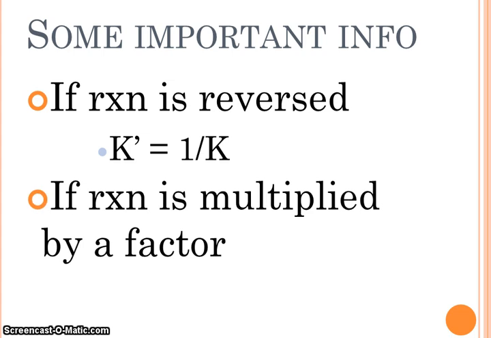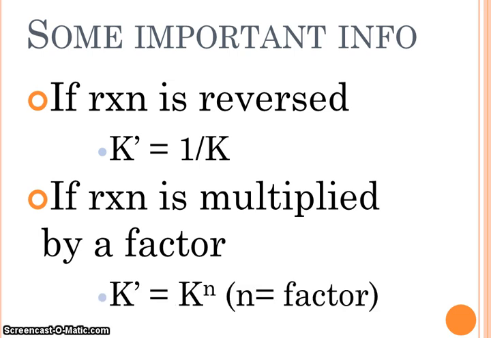Now sometimes it might be necessary to take a reaction and multiply it by a factor. If we wanted to calculate the K for the new reaction with the multiplied factor, we could again write out the new K expression and plug in the numbers and get an answer, but the new K value would equal K raised to the factor we multiplied the reaction by. Might make it a little bit easier.